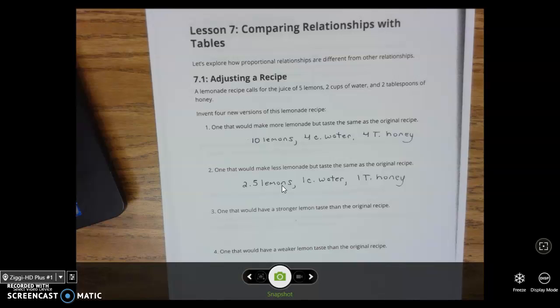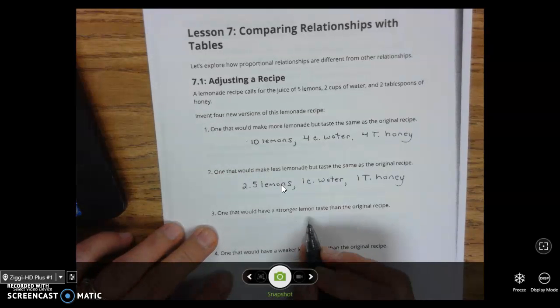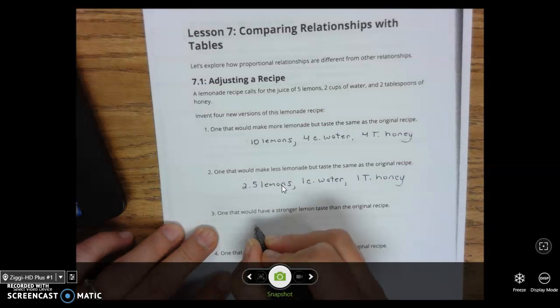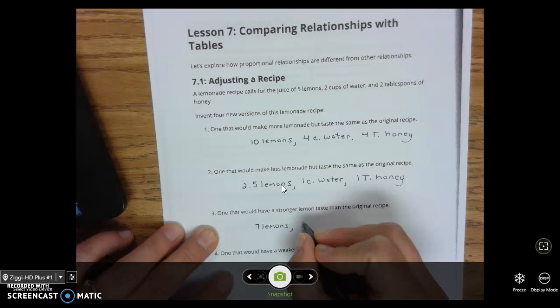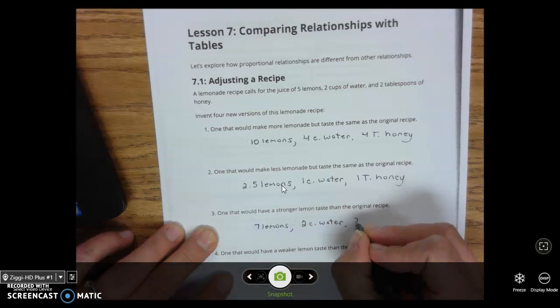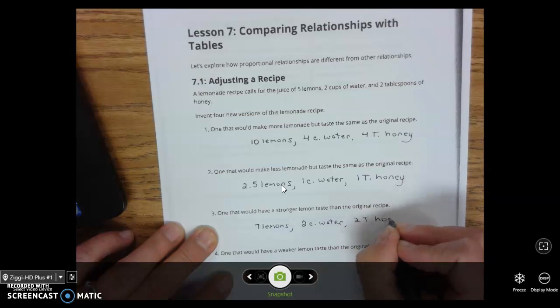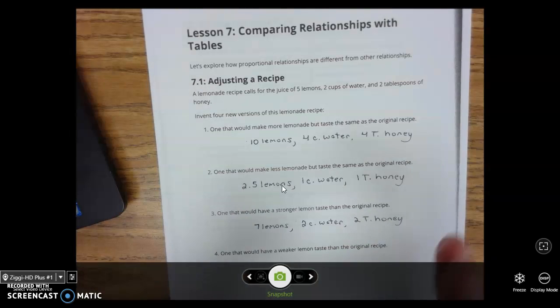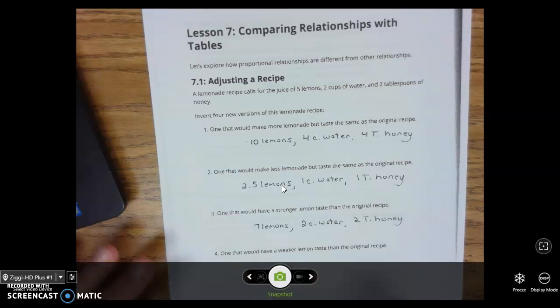So number 3, now I want to alter this. I want it to have a stronger lemon taste. So if I want more lemony taste, I need more lemons, right? So let's do 7 lemons. But we're going to make the same amount, 2 cups of water and 2 tablespoons of honey. That just gives the same recipe a little more lemony taste.